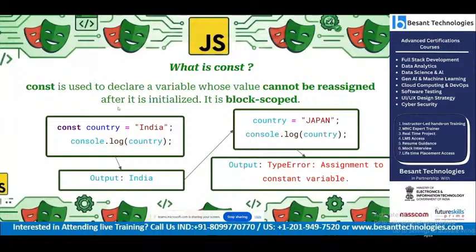When hackers or someone want to update the authentication key at mid level, it won't allow. For example, I'm giving const country equal to India and it returns India. Then I try to update the same value to Japan, but it shows assignment to const variable is an error. It's a type error.